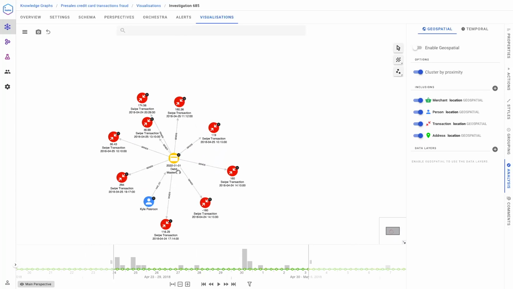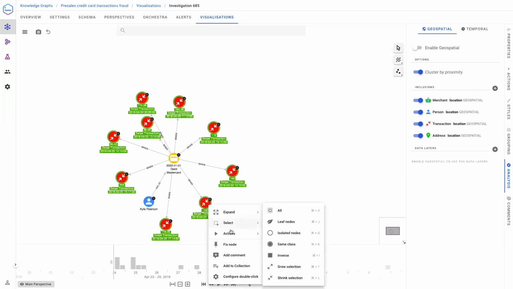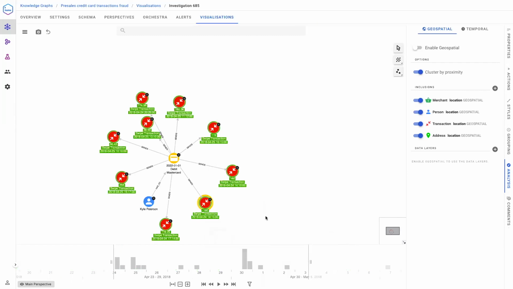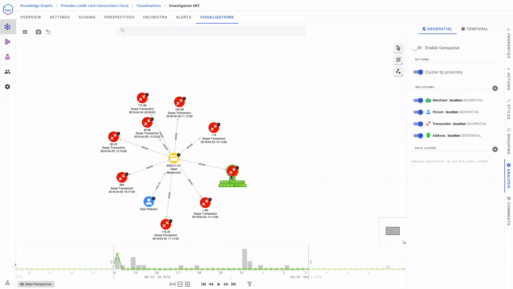Here's the credit card holder of this credit card, and here are the transactions that happened after the card was swiped in that specific shop, and they show characteristics of fraudulent transactions. So if I now look at which one was the first transaction, I see that it is this one exactly.